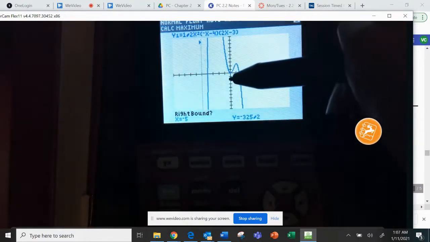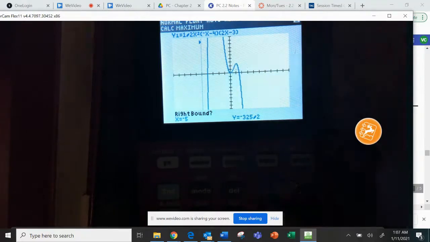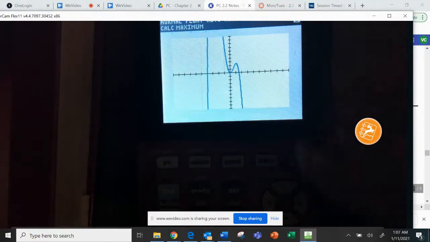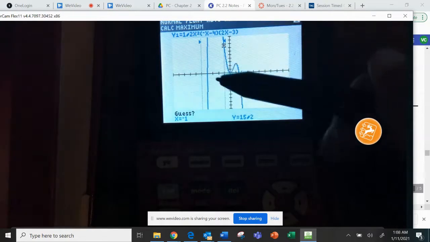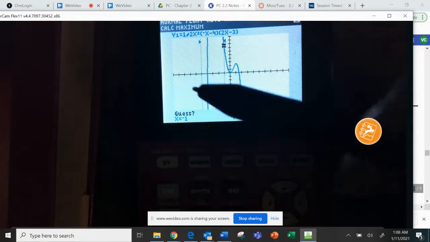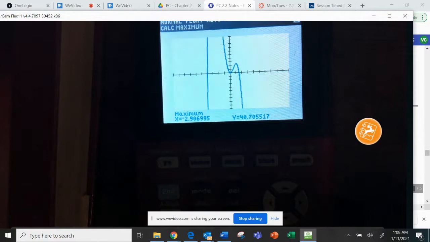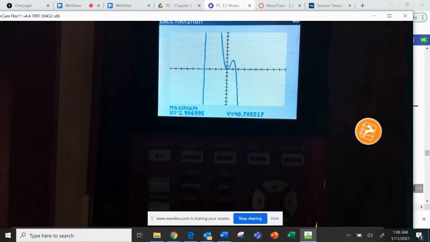Now to the right of it, well, I know 0 is to the right of it, and -1 is probably to the right of it. I'll go with that one. And it shows these two lines, and then it says guess. I really have no idea. Maybe -2, maybe -3. I'll go with -2. It does not have to be perfect for the guess. And now we have a terrible looking maximum, but we'll round to 3 decimal places and call that our maximum.